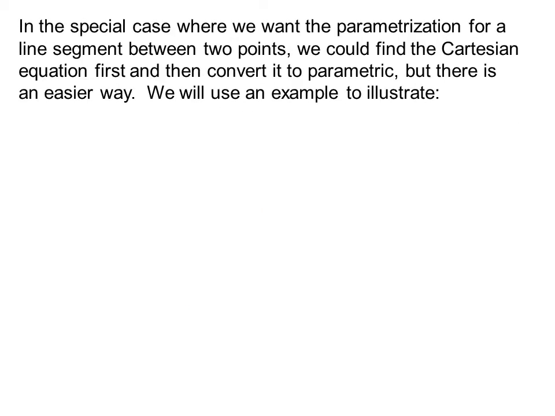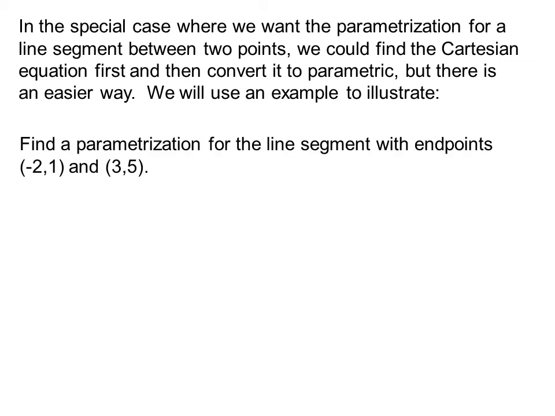In the special case where we want the parametrization for a line segment between 2 points, we could find the Cartesian equation first and then convert it to parametric, but there is an easier way. We will use an example to illustrate. Find a parametrization for the line segment with endpoints -2, 1 and 3, 5.